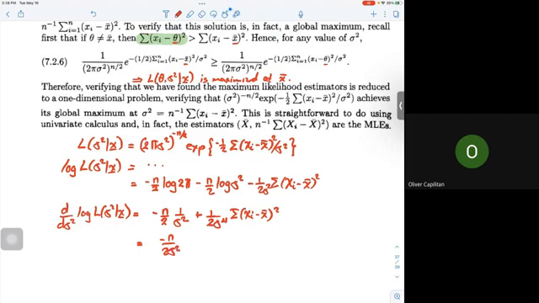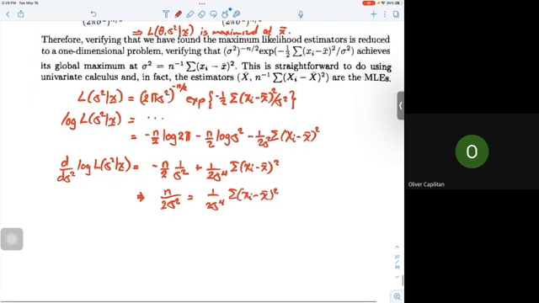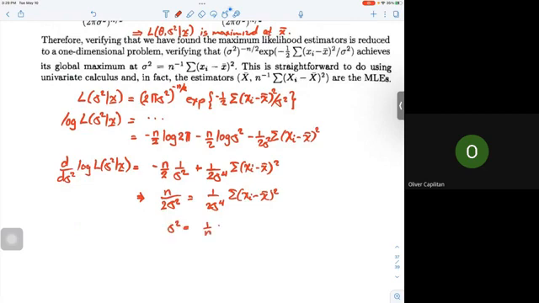So we have negative n over 2 sigma square. Diretso na lang tayo. This implies, so this is equal to, ayan, nakuha na natin kanina. We have solved this already a while ago. So we have here sigma square is equal to 1 over n summation of x sub i minus x bar, quantity squared.